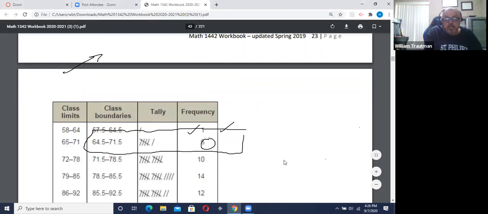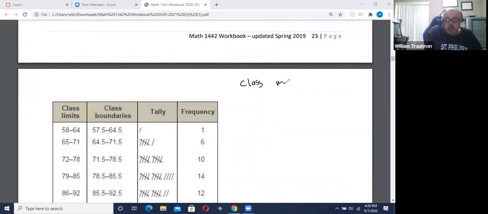So in this problem down here, find the class midpoint. Once again, the upper limit plus the lower limit divided by 2 is your midpoint. It doesn't matter, let's pick this class limit.